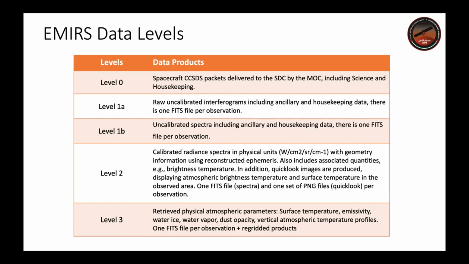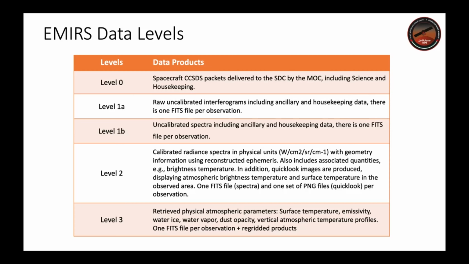Level 1B is basically once we start running the data through the processing pipeline, you can then start to see a spectrum. However, that spectrum is going to be completely uncalibrated. Level 2 is the calibrated radiance spectrum, and this has all of the geometry information and some brightness temperatures.